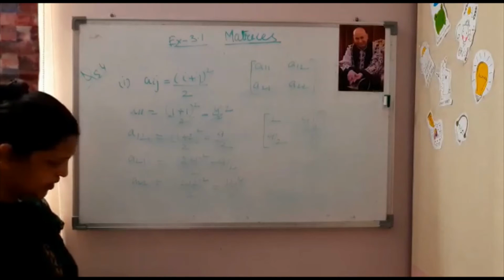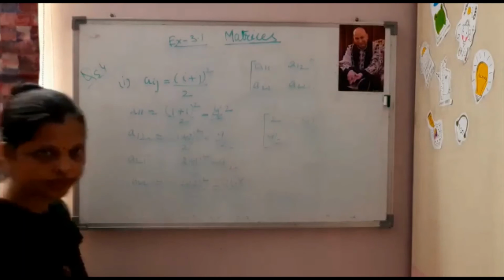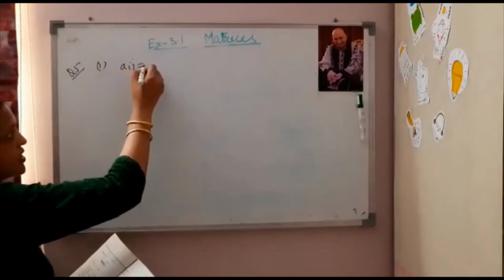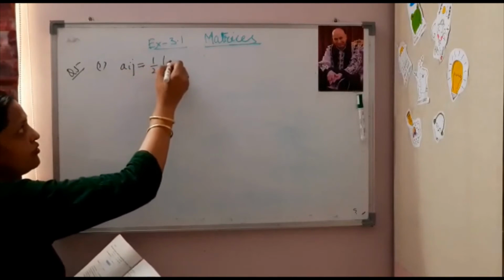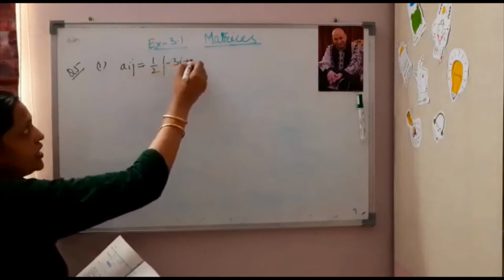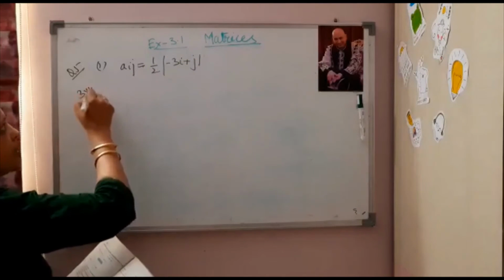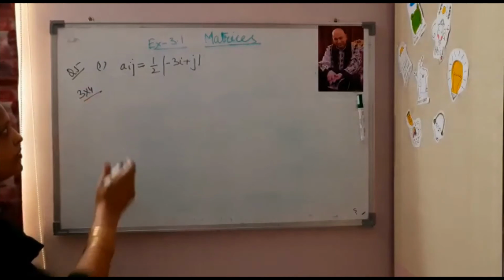Now I'll explain one of the part of fifth question in which mod is given. In fifth, first part. Now the matrices that has to be designed is given by Aij is equal to 1/2 within the mod minus 3i plus j. In this case we have to design a 3/4 matrix. 3 by 4, that means the 12 elements that has to be found.